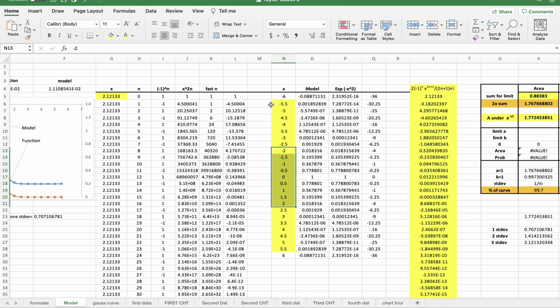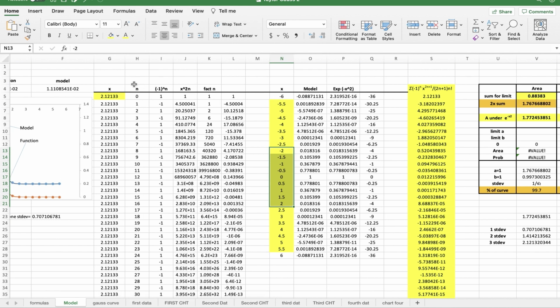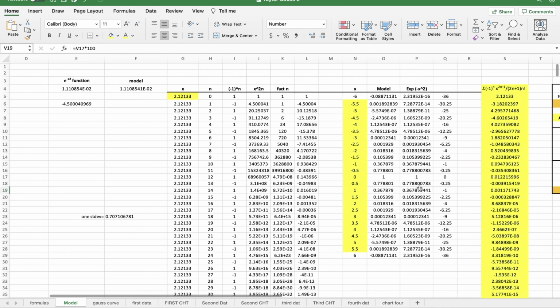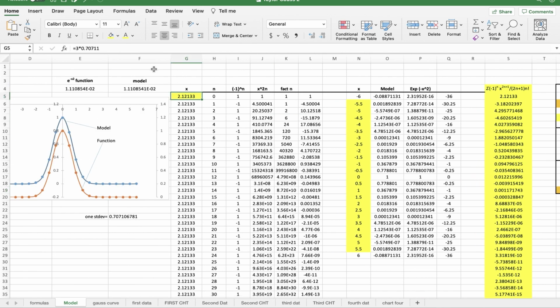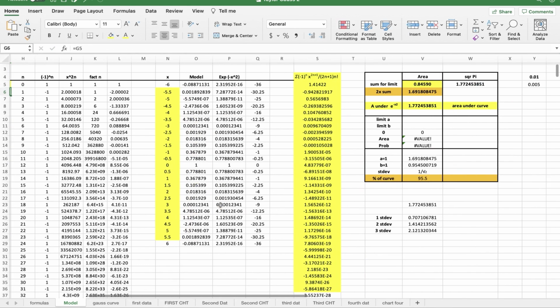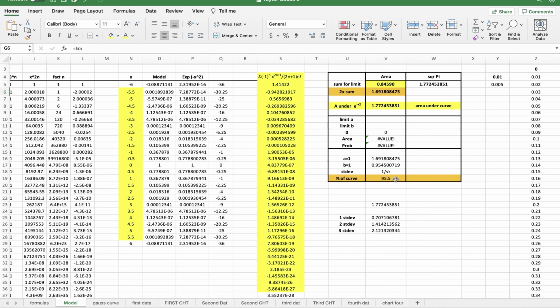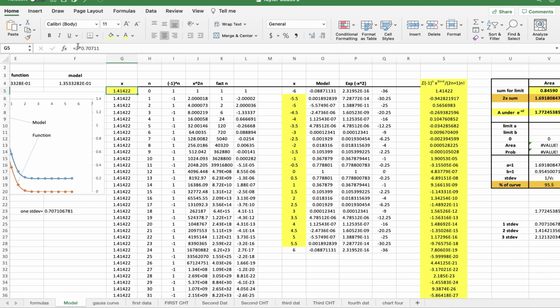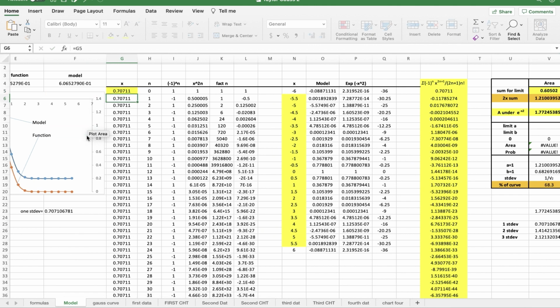And when you have that value, 2.121333, you have 99.7% of the area under the curve. And when you have 2 standard deviations, you have 95%. And that is pretty cool, 95.5%. And 1 standard deviation would be 1 times that.